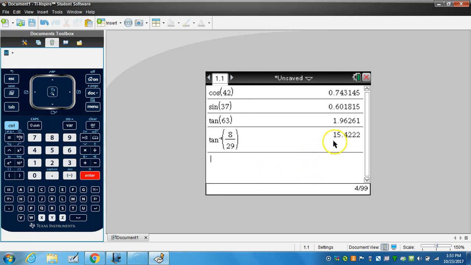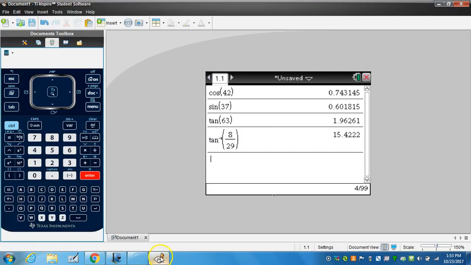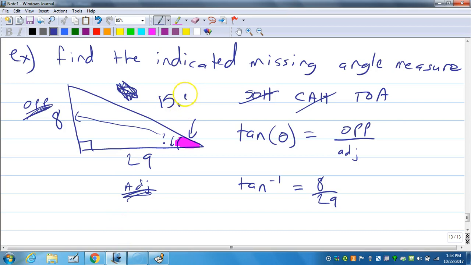Enter. 15.42 degrees, because my calculator is in degrees. I put it in that mode. So this angle here is 15.42 degrees. That's the answer.